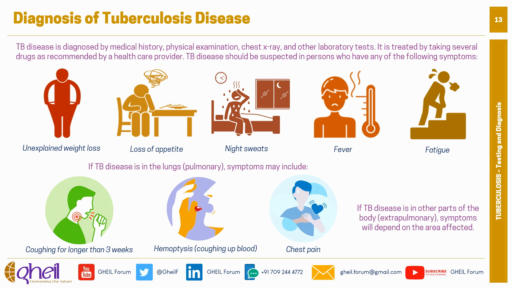If TB disease is in the lungs, pulmonary, symptoms may include coughing for longer than 3 weeks, hemoptysis, coughing up blood, and chest pain. If TB disease is in other parts of the body, extrapulmonary, symptoms will depend on the area affected.